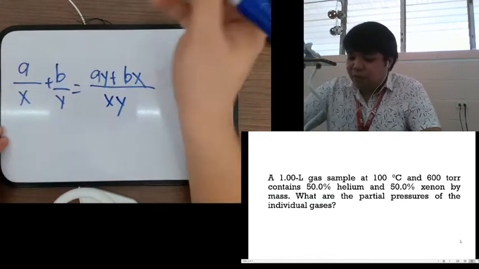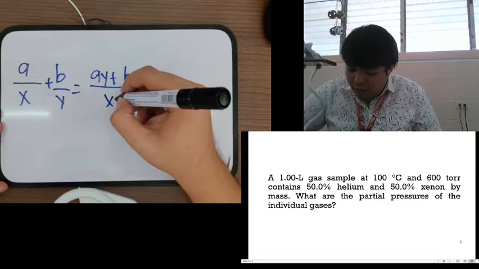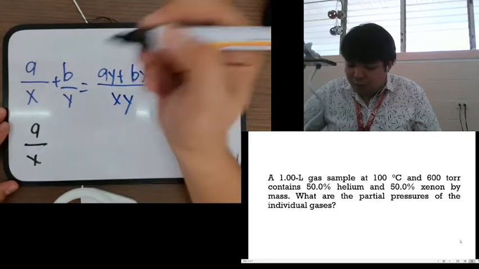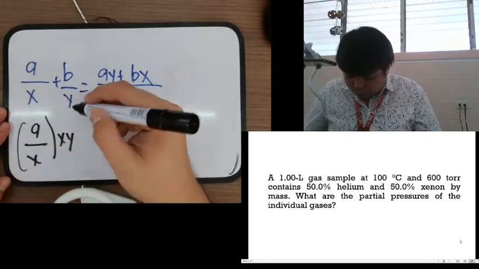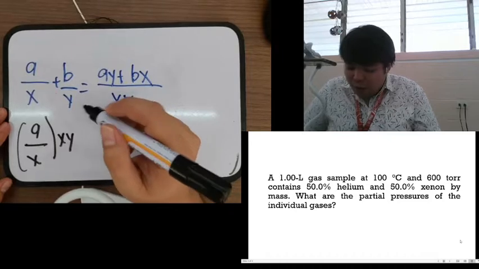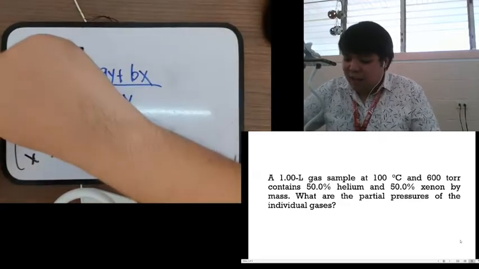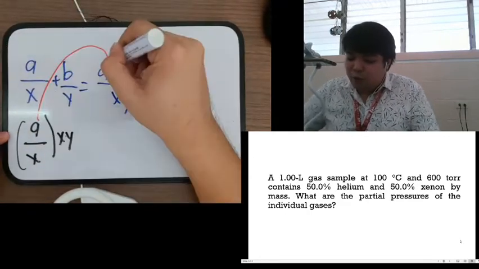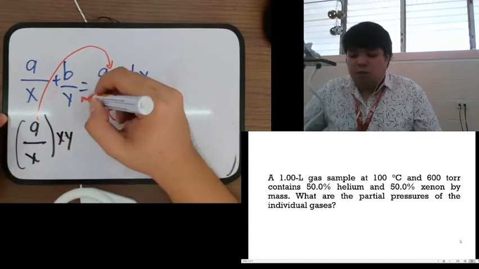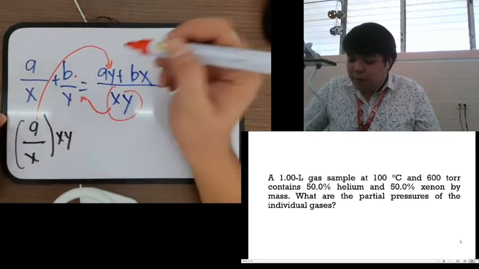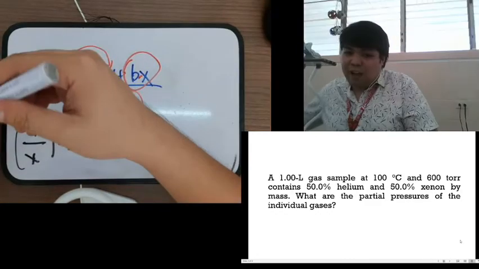So remember in our fractions, for example, the common denominator is xy, so a over x multiplied by xy, so xy divided by x, y times a, that is ay. The same goes with b, so xy divided by y multiplied by b will be bx.